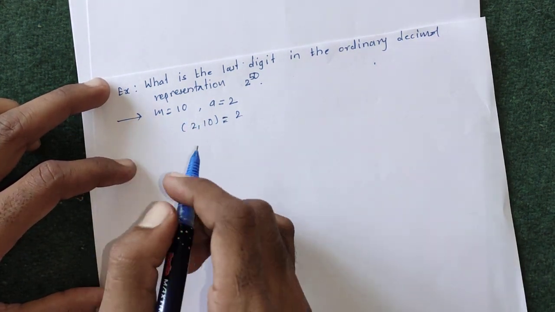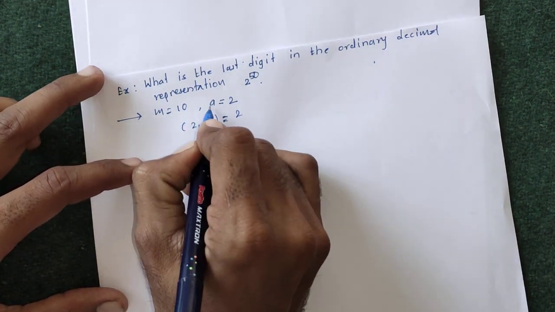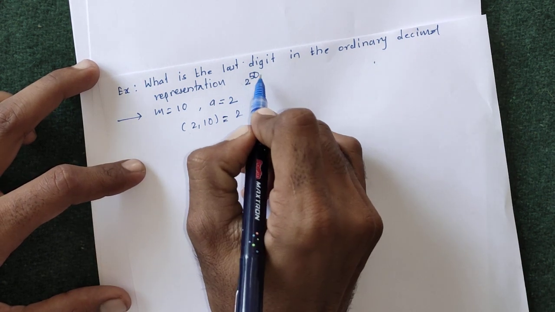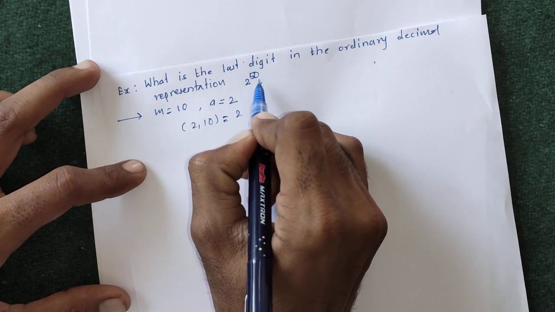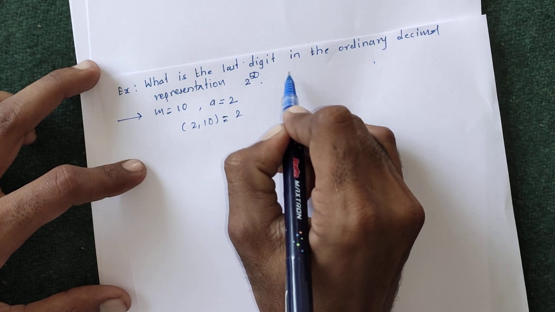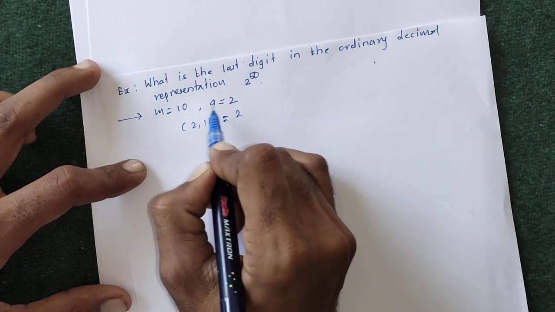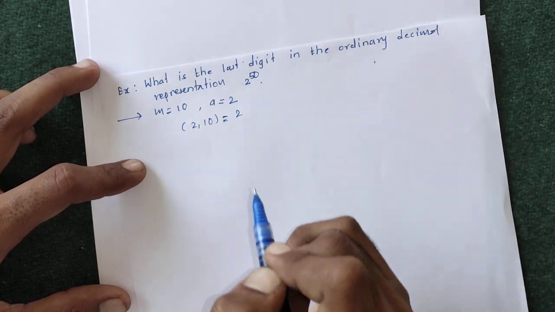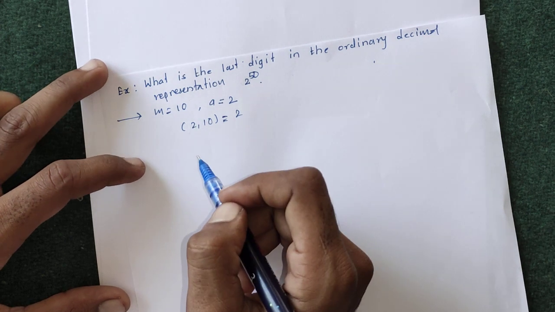But to solve this example, we have to find 2 raised to 50. So we must express 2 raised to 50 as congruent to some integer x modulo 10, and then we get that integer as the last digit in the ordinary decimal representation.